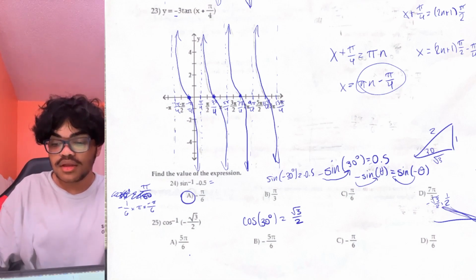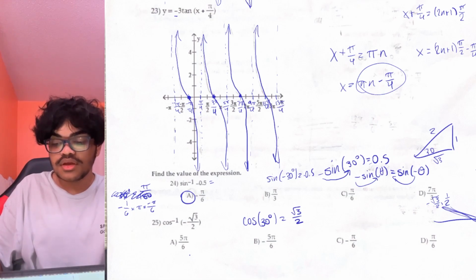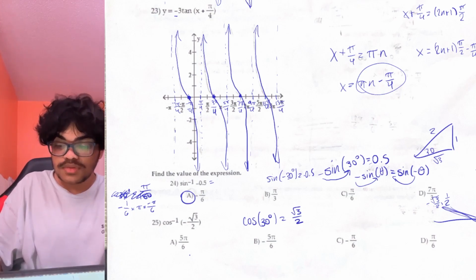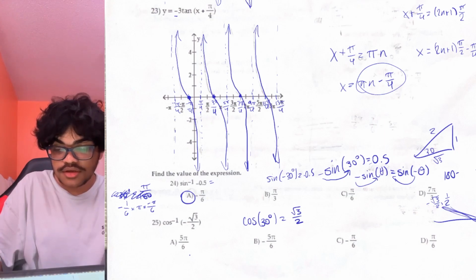Now, when you think about it, in this quadrant, to find the reference angle, you take 180 minus whatever angle you're trying to find here, and you'll get your reference angle.